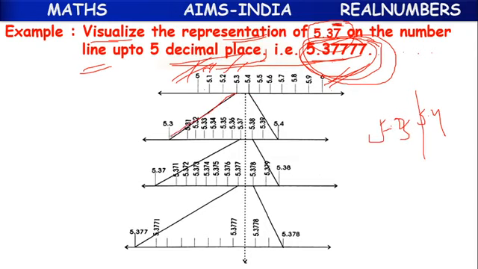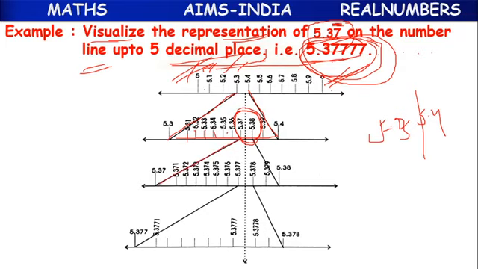Now this 5.3 part is magnified, and the 5.4 part is magnified. The place between 5.3 and 5.4 is divided into 10 equal parts: 5.31, 5.32, 5.33, 5.34, like that. Next, 5.37 is given, meaning between 5.37 and 5.38.